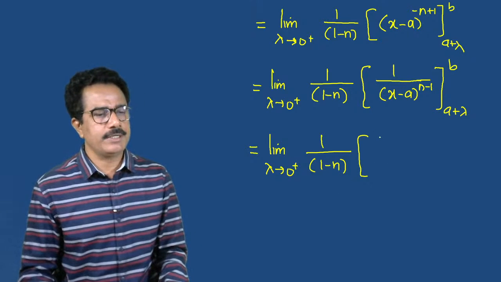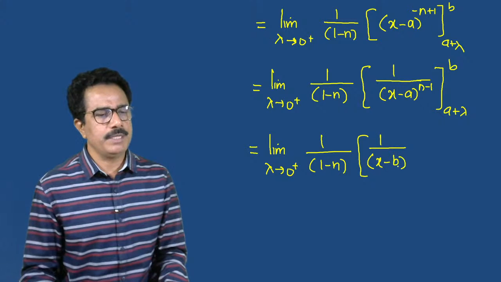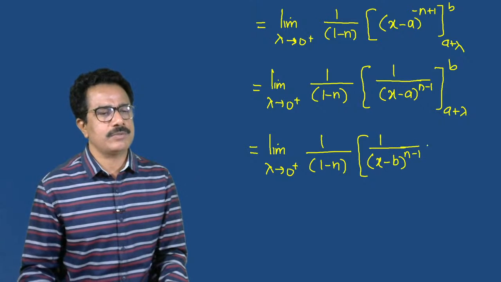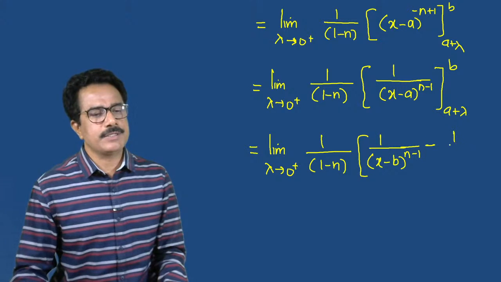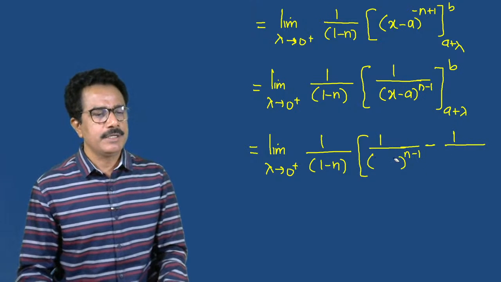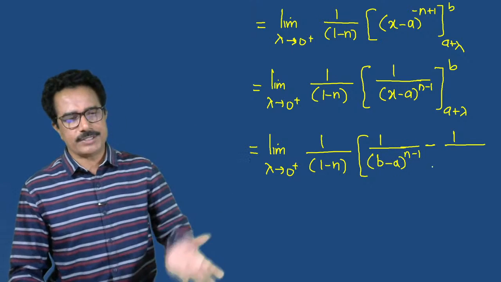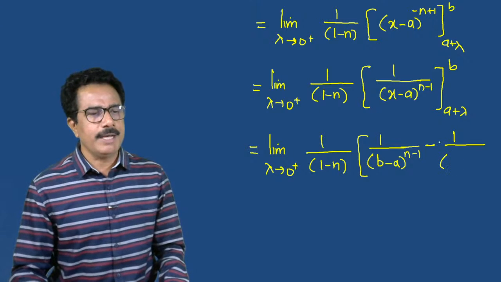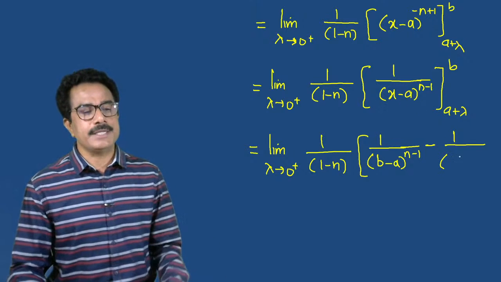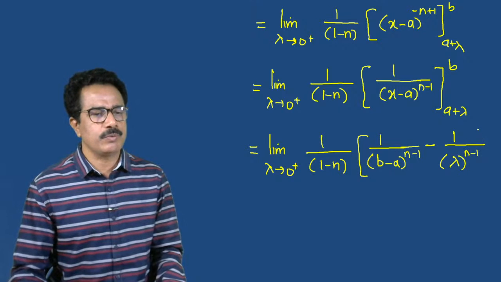So we can write 1 upon x minus, bracket, raised to n minus 1, x means upper limit is b. So we can write b minus a raised to n minus 1. Now put the lower limit: a plus lambda minus a means we can write lambda raised to n minus 1.